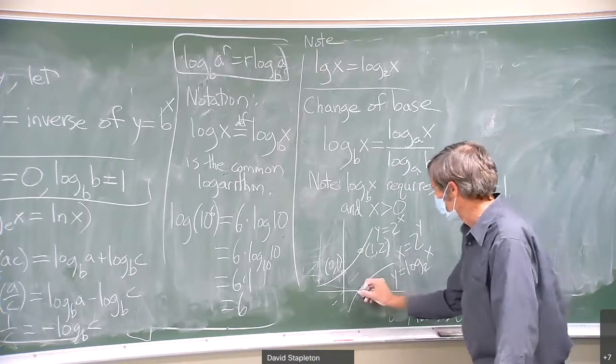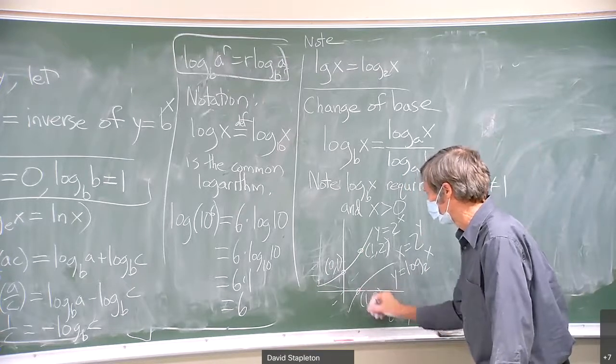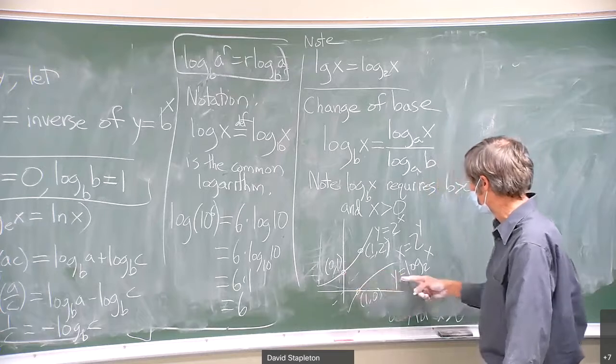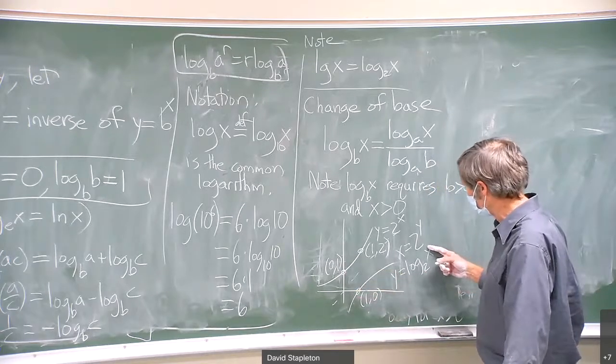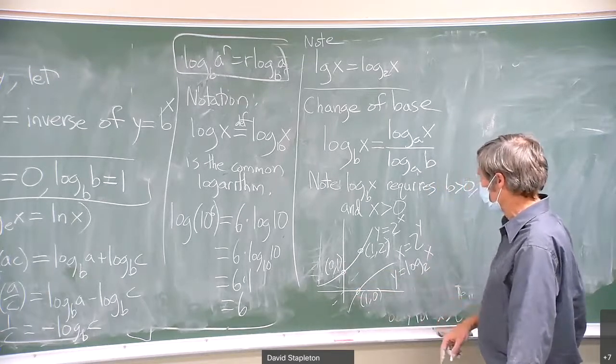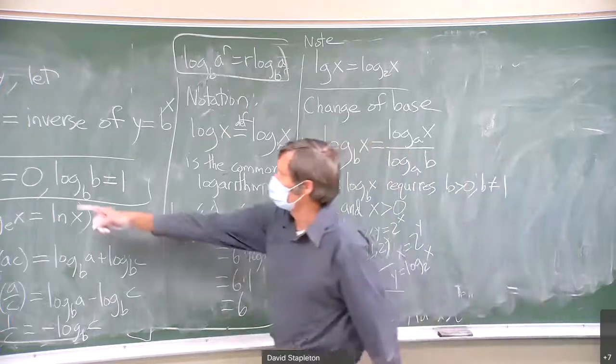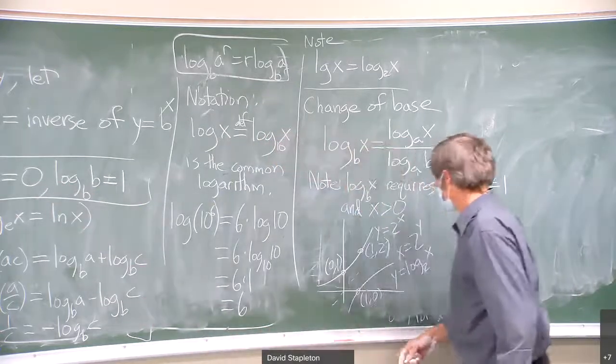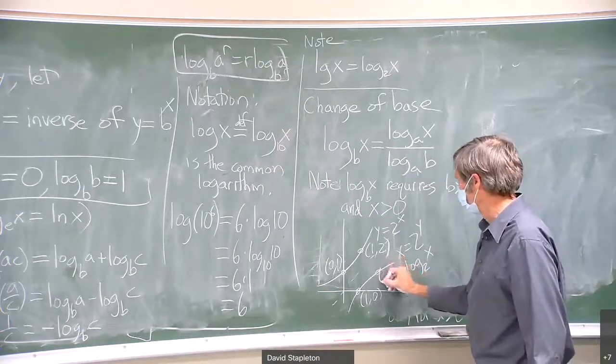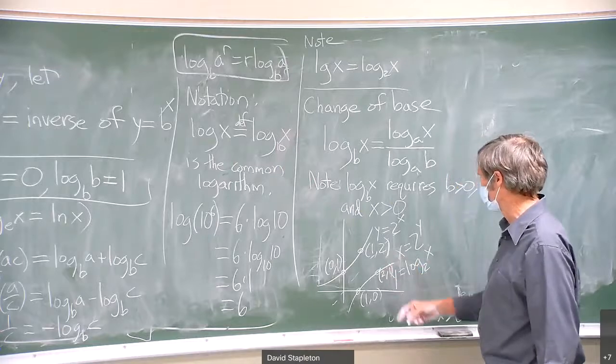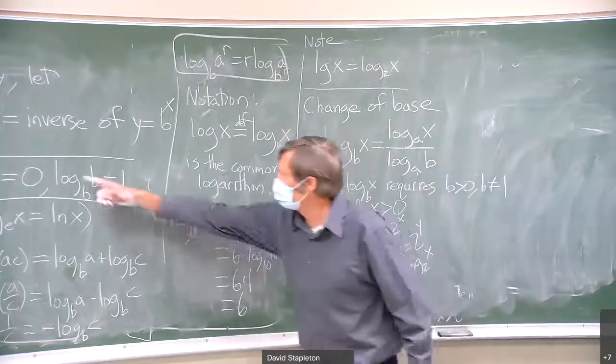And it goes through (1, 0), showing that log base 2 of 1 is 0. And it has this point over here, (2, 1): log base 2 of 2 is 1.